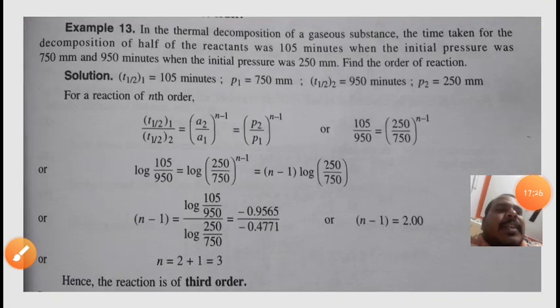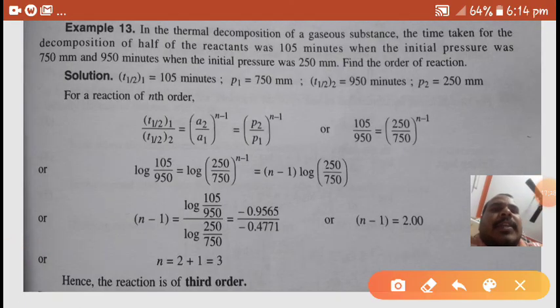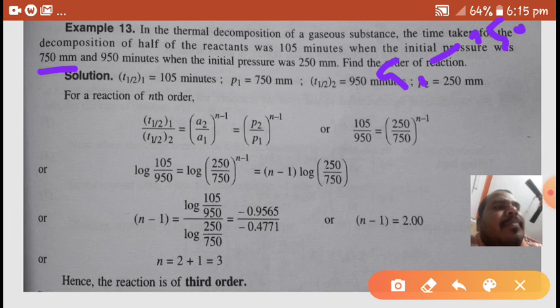If we take another example, in the thermal decomposition of a gaseous substance, the time taken for the decomposition of half of the reactant was 105 minutes when the initial pressure was 750 mm. Here pressure means initial concentration. So for A1, here it is 750 mm, and t1 is 105 minutes.